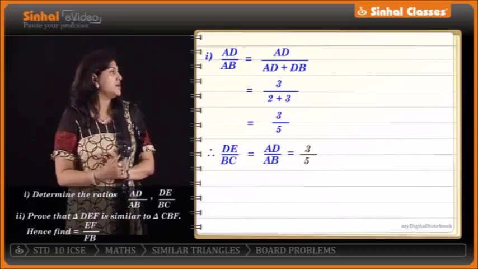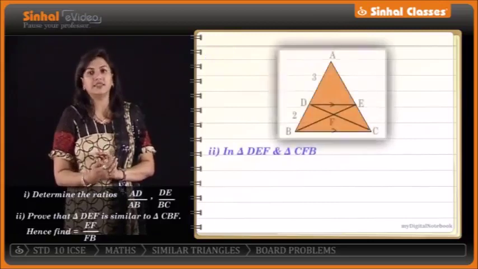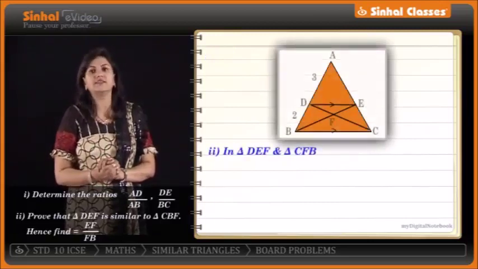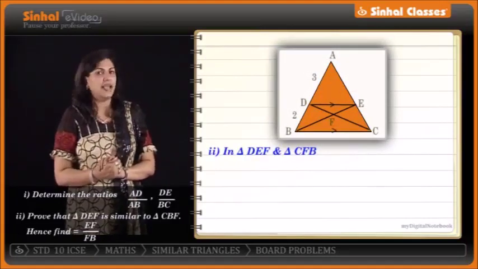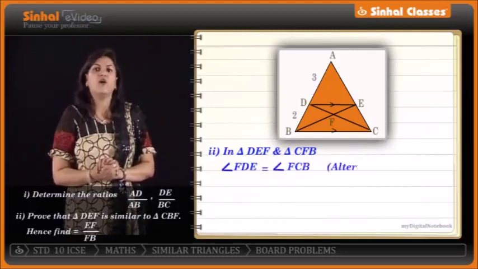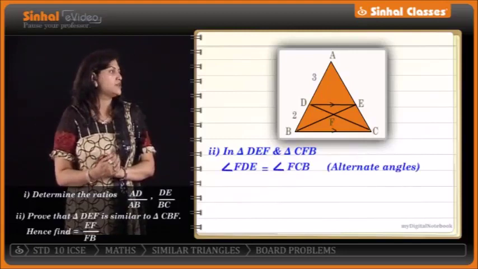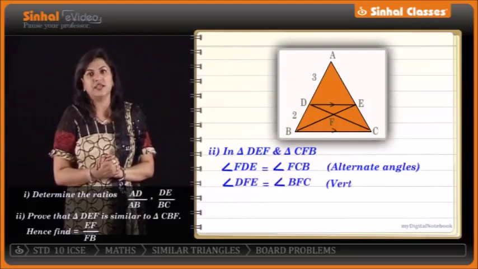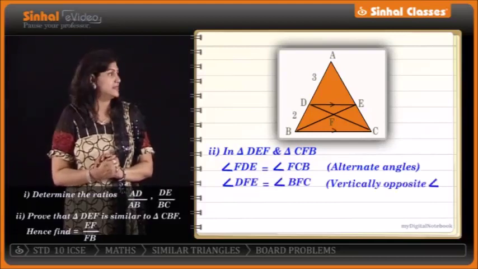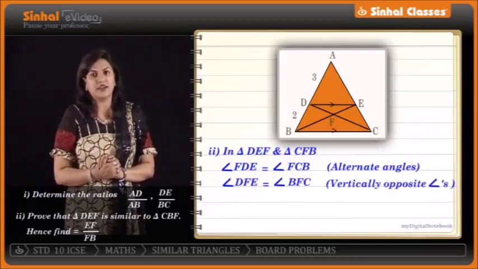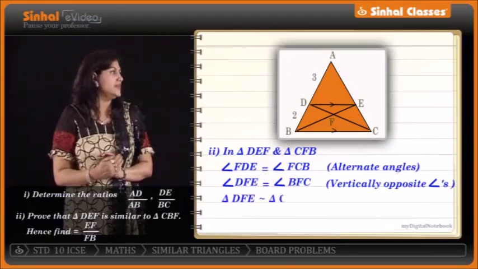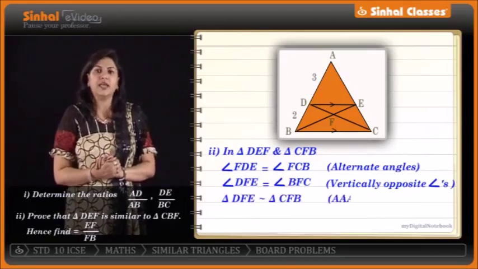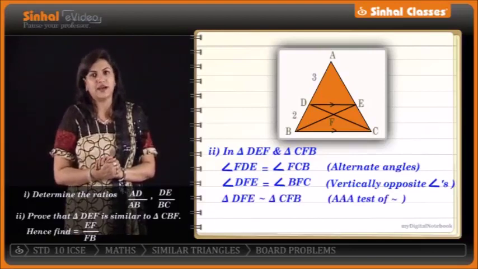Now in the second part we are asked to prove triangle DEF similar to triangle CBF. So we take these two triangles. Angle FDE is equal to angle FCB, alternate angles, and also angle DFE is equal to angle BFC, vertically opposite angles. So we have triangle DFE is similar to triangle CFB by AAA test of similarity.